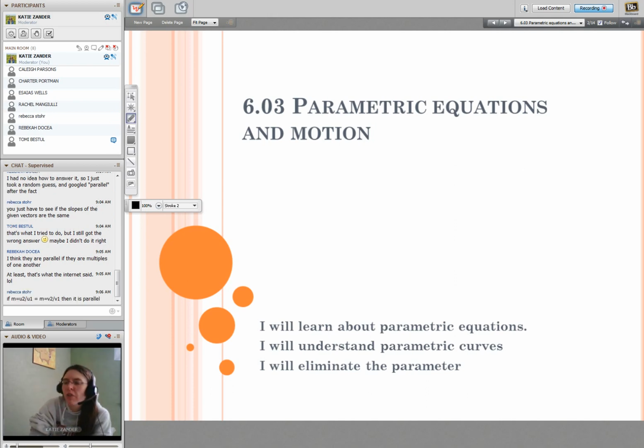If they are multiples of one another. That's what I'm thinking too, because if they are equivalent, you basically are just multiplying through by something, like the length or the magnitude would be the same. Let's check. I found an explanation here online.